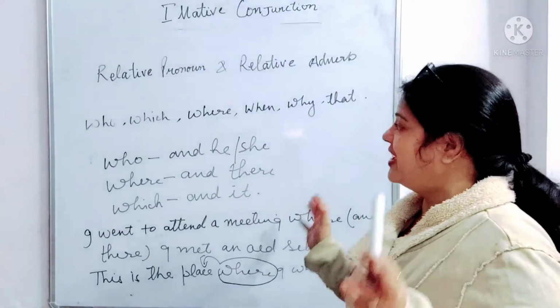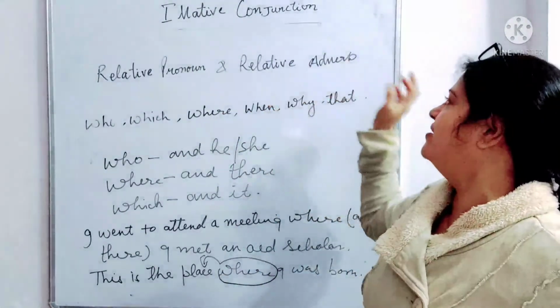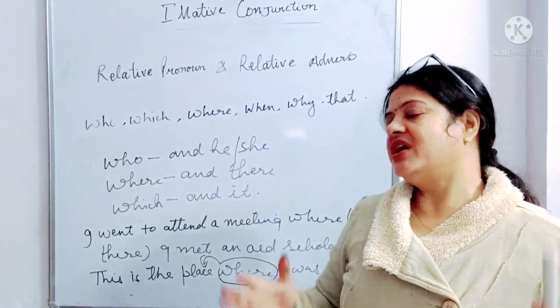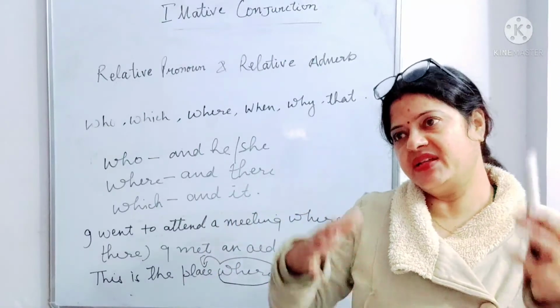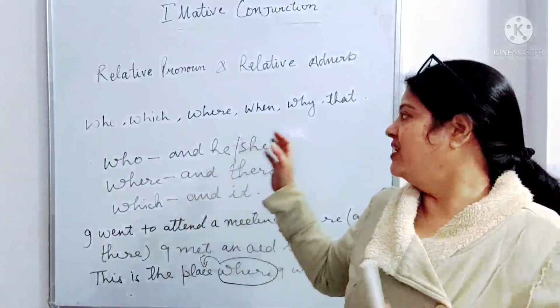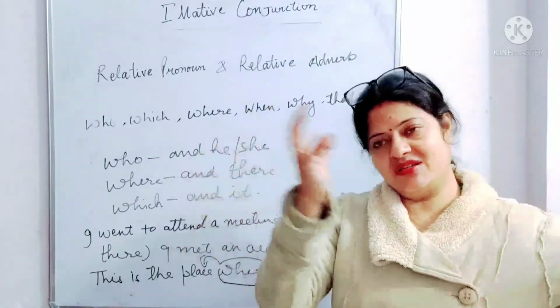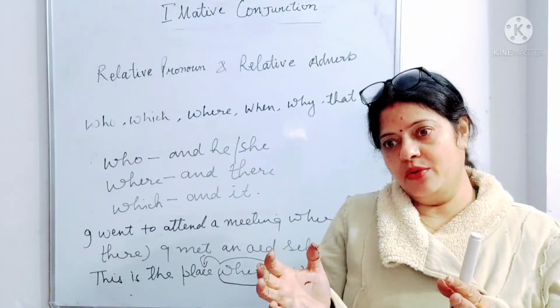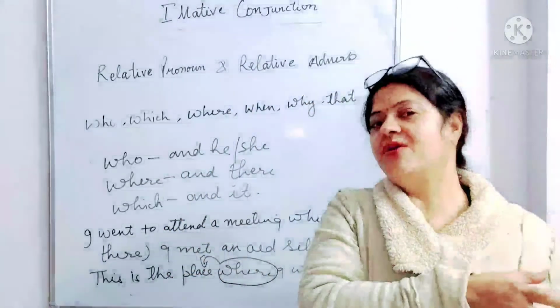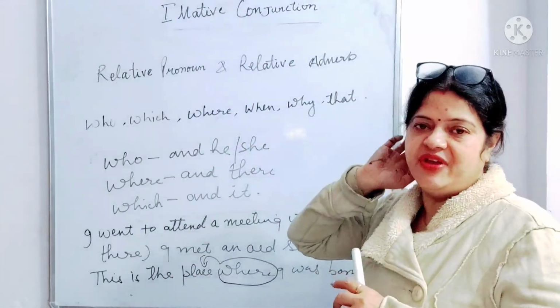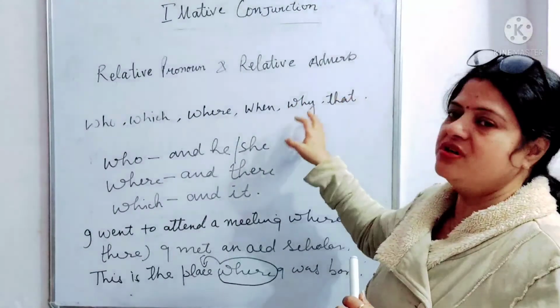So we know very well that relative pronouns and relative adverbs are used in two ways. When we use them in continuative sense, they make compound sentences. When used in restrictive sense, they always describe some noun or pronoun which has just come before them, and they are used in complex sentences.